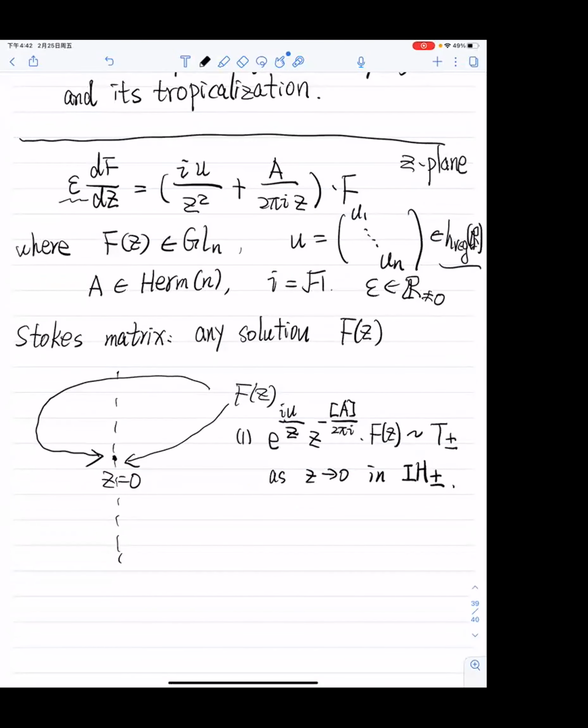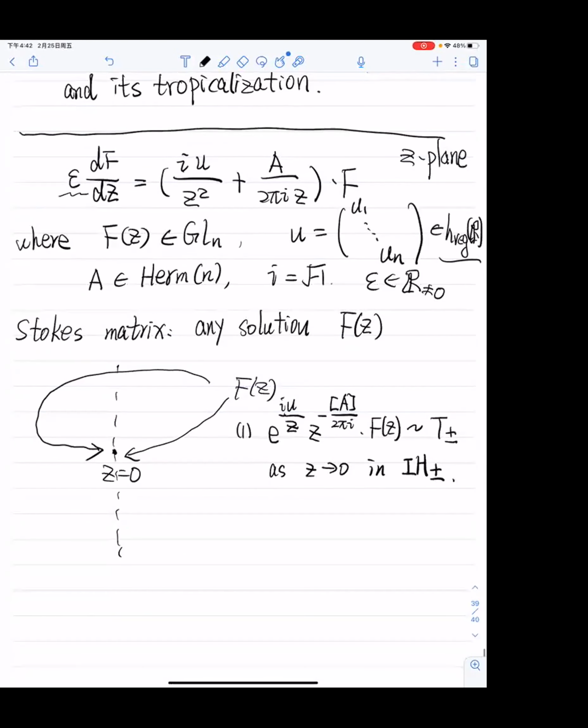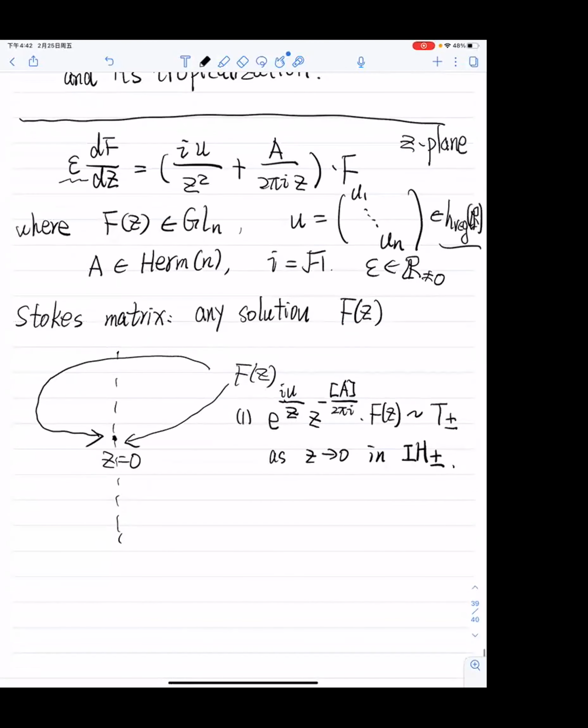Roughly speaking, around this irregular singularity, F(z) has an exponential type of behavior, and from different directions its asymptotics are different, controlled by some invertible matrices.